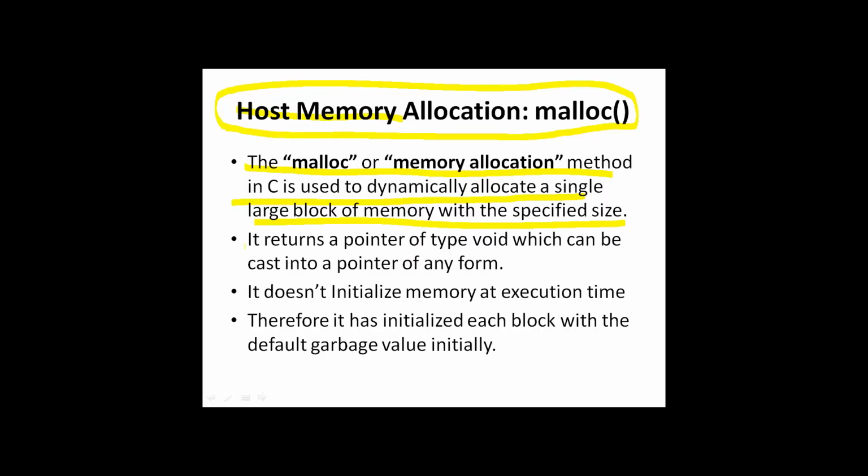It returns a pointer of type void, which can be cast into a pointer of any form. It does not initialize memory at execution time. So allocation is done, but there is no initialization. It holds garbage values, and we have to initialize it with useful values. By default, it will hold only garbage values if we use the malloc function.